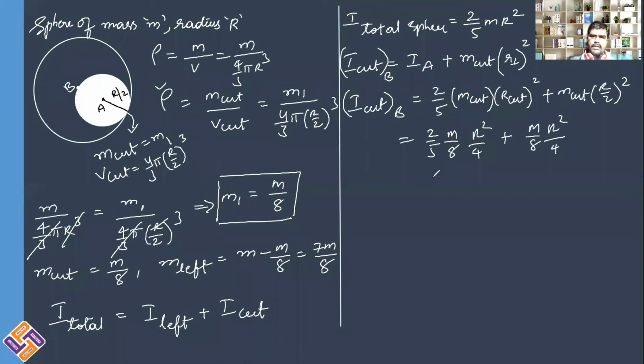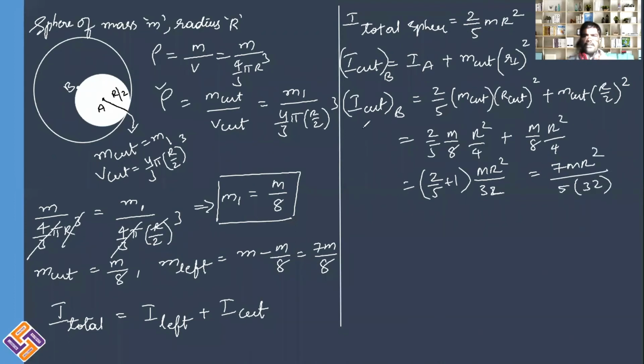It is equal to 2 by 5 plus 1 into mr square divided by 32. Okay. This is equal to 7 mr square divided by 5 into 32. That is the moment of inertia of the cut portion with respect to axis B.